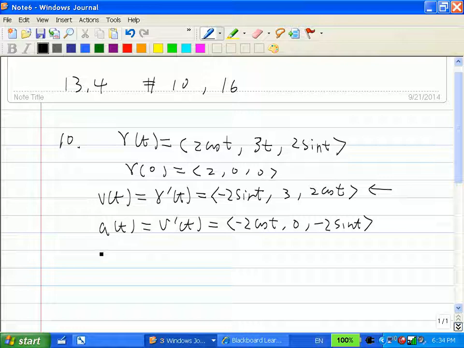Next, find the speed. Speed is the magnitude of velocity, which is always positive.